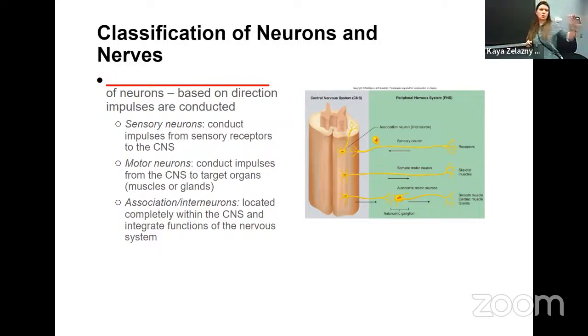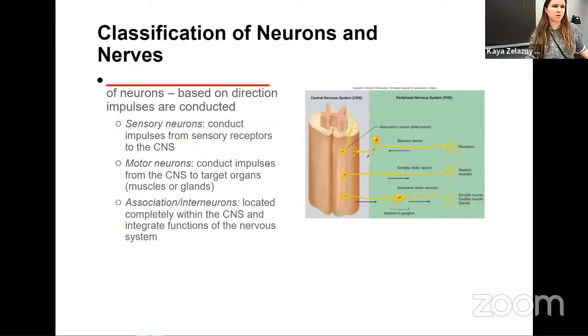Okay, so when we think about the functional classification of the neurons, we're going to be basing it on the direction that we are sending these signals. The sensory neurons are going to be conducting impulses from a sensory receptor to the central nervous system.